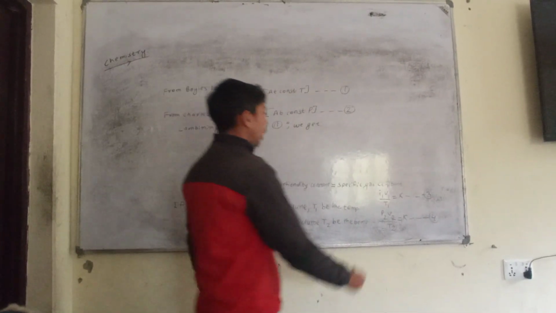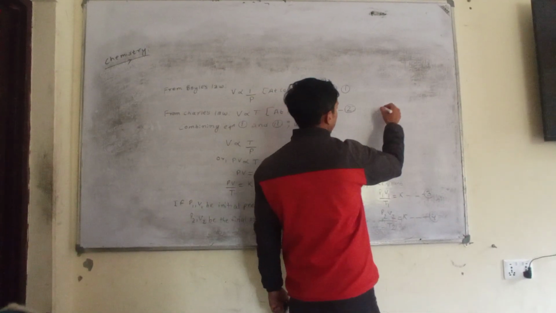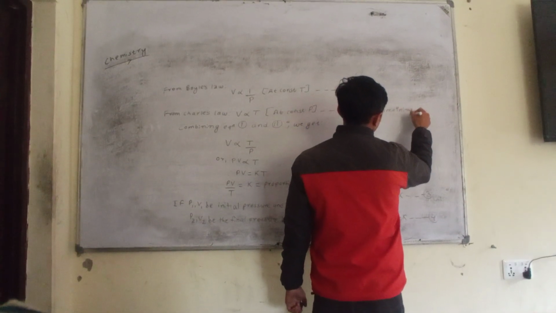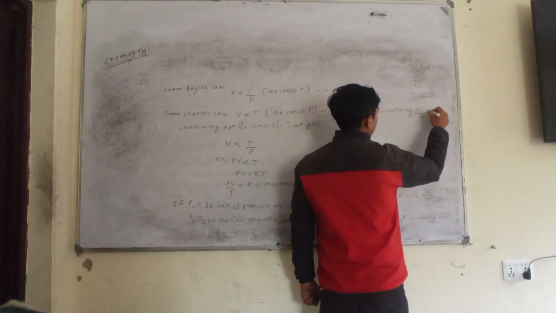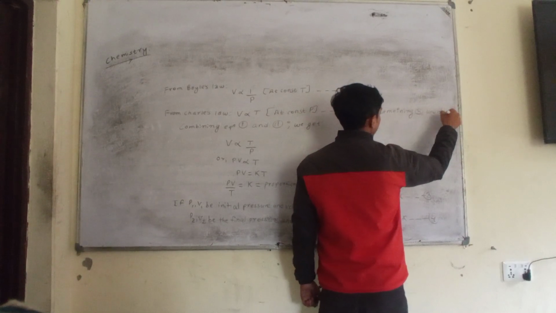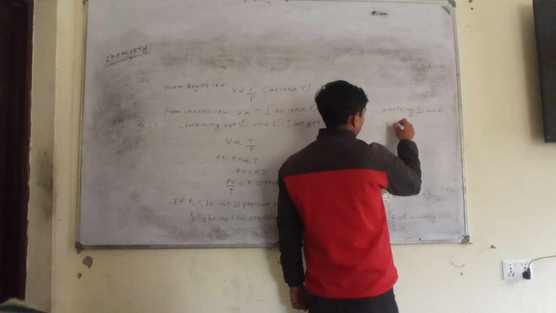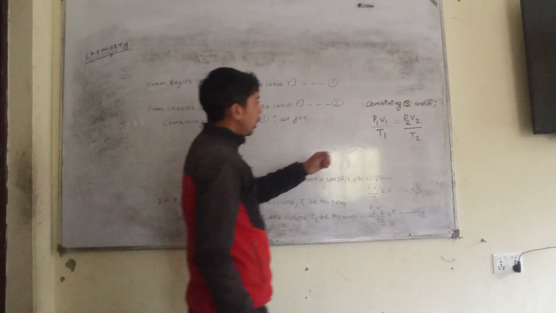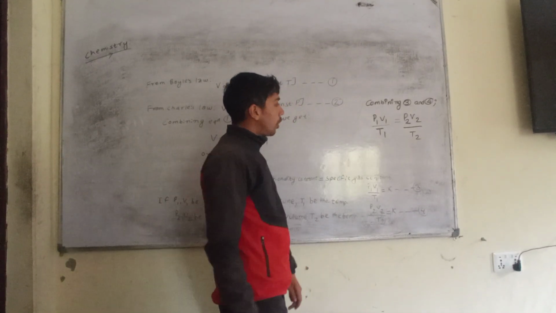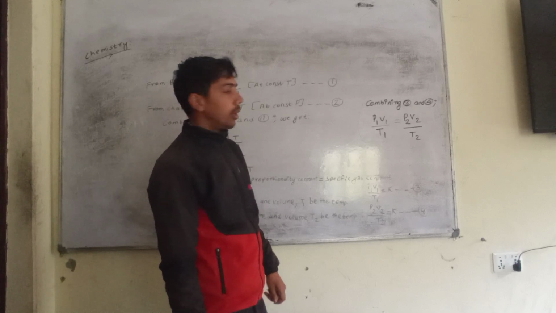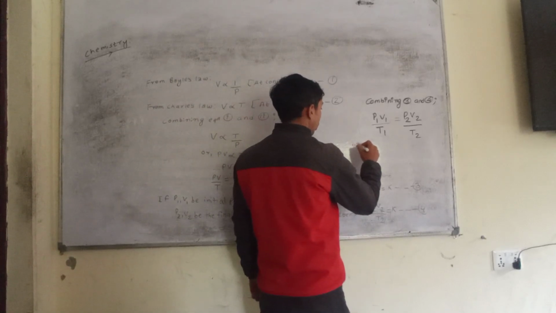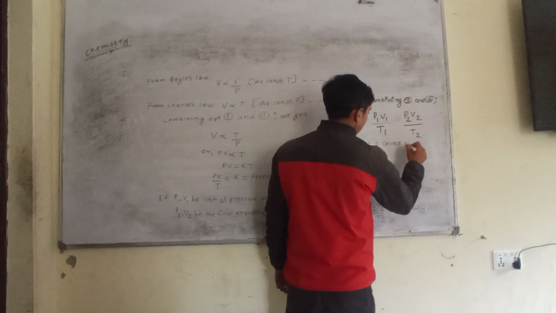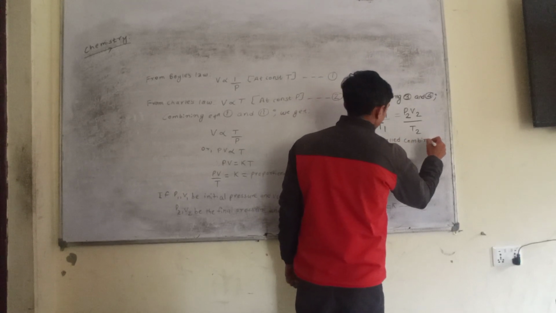So combining 3 and 4, we finally get P1 V1 upon T1 equals P2 V2 upon T2, which is called the combined gas equation.